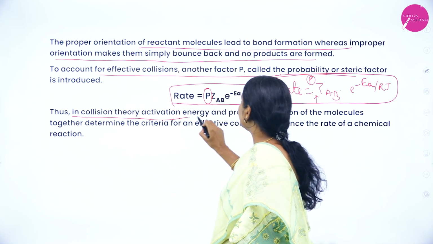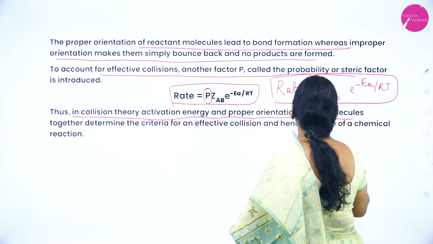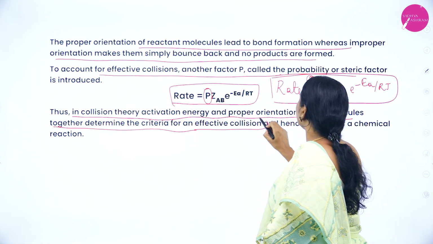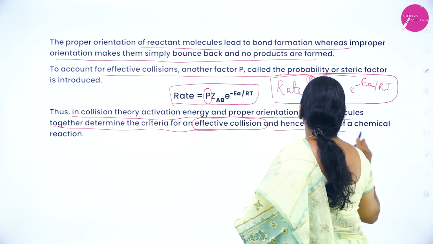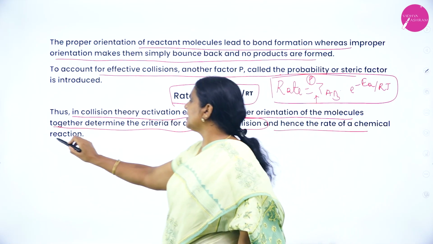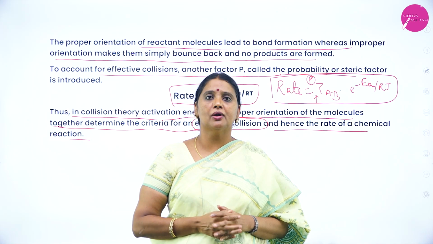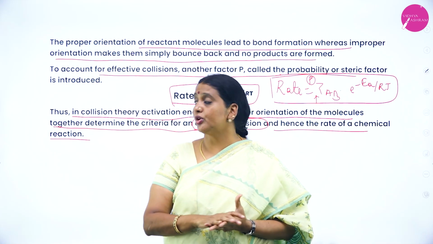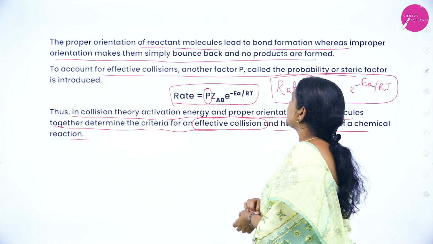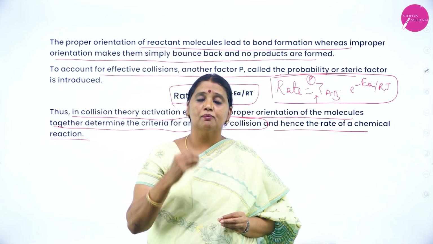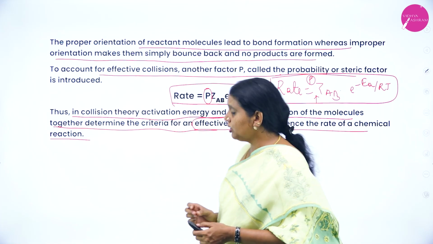Thus, in collision theory, activation energy and proper orientation of the molecules together determine the criteria for effective collision, and hence the rate of chemical reaction. According to collision theory, reactants are converted into product when they are properly oriented, and activation energy and proper orientation are the two criteria for a molecule to undergo effective collision.